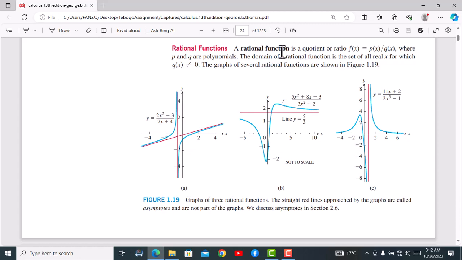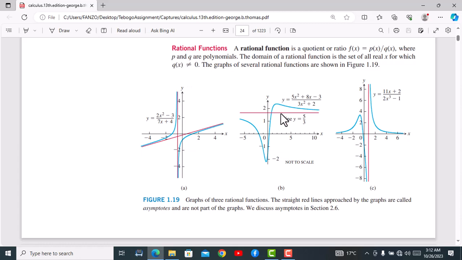A rational function is a quotient or ratio f(x) = p(x) divided by q(x), where p and q are polynomials. Very important: the domain of a rational function is the set of all real x for which the denominator is not equal to 0.